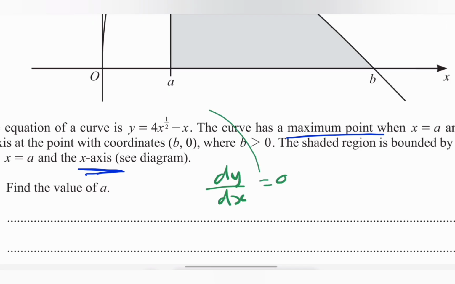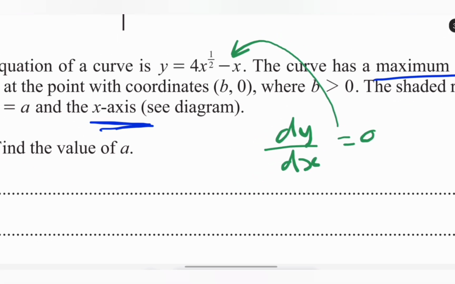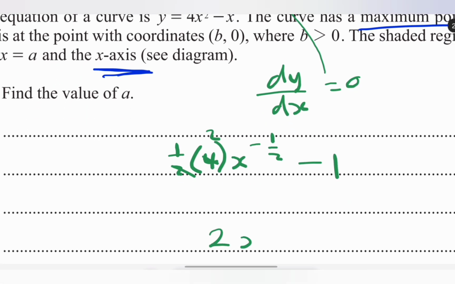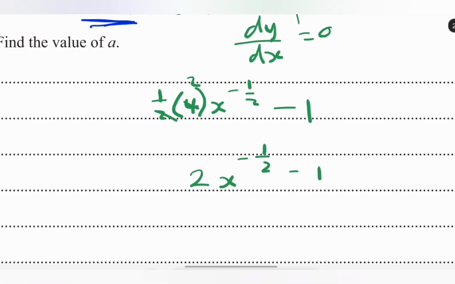So we're just going to find dy/dx for this, then we equate it to 0, and that is going to give us the x coordinate of the maximum point, which in this case is a. So dy/dx of that, we get half times 4, then x to the power minus half minus 1. So this gives us 2x to the power minus half minus 1, and this is our dy/dx.